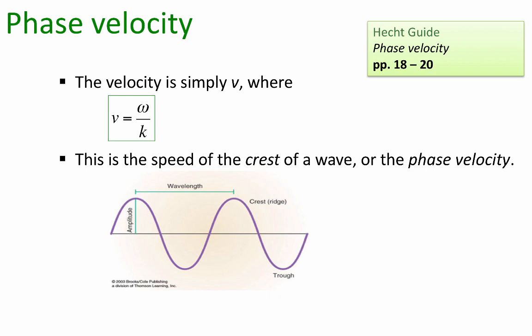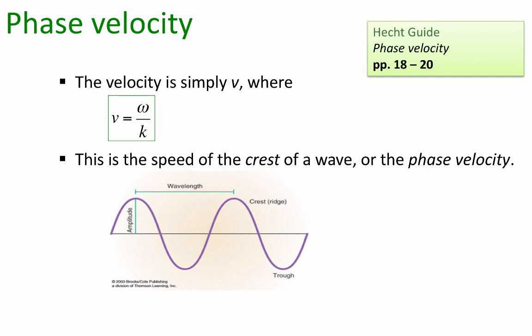But what did we mean? What we meant was that velocity was the speed of the crest of the wave. In other words, you imagine this wave drawn right here, and at a later time, it would be in a different place. This particular crest would be at a different location at another time.